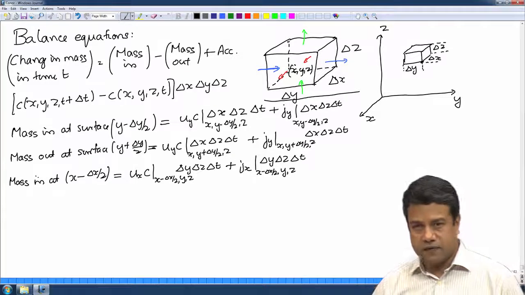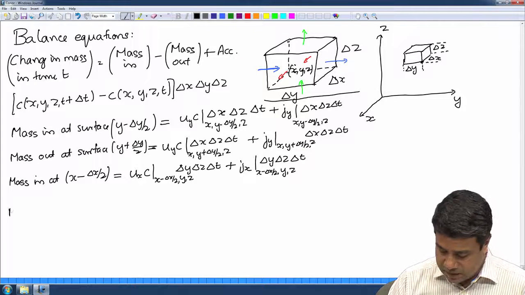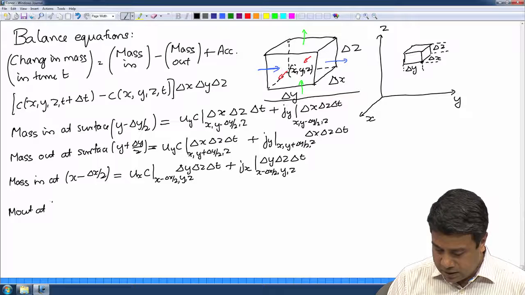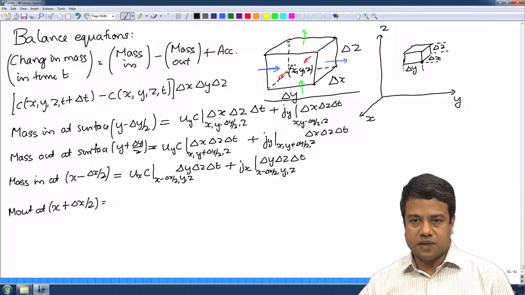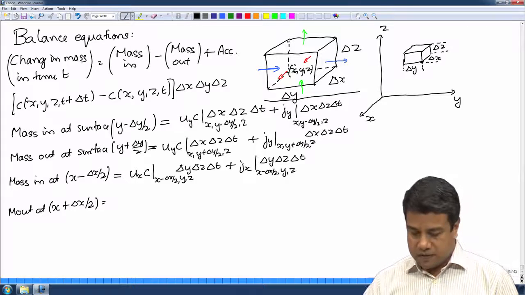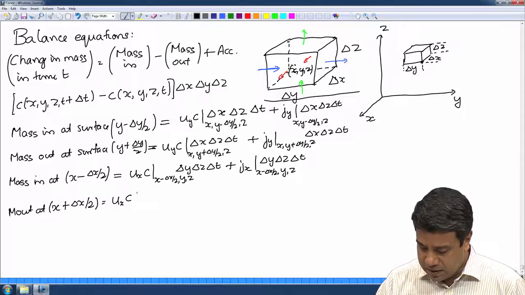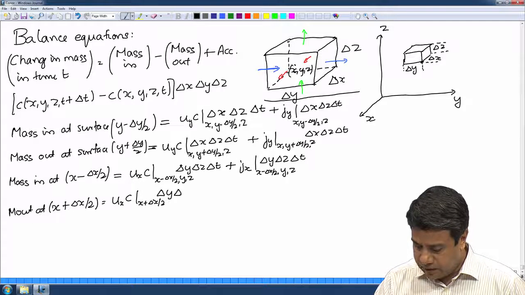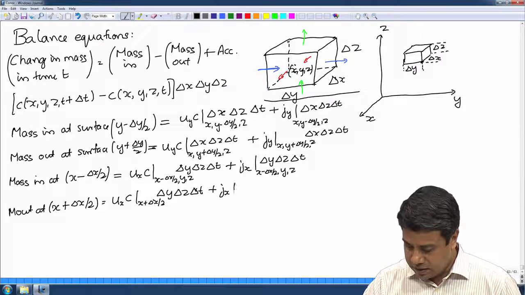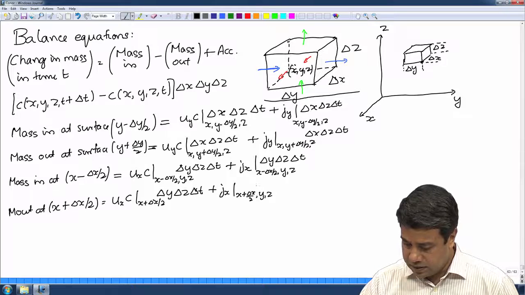The flux leaving at the front face, at x plus delta x by 2, will just be equal to the same. In this case, if u_x is positive, the mass is leaving the volume. Therefore, the flux is equal to plus u_x times c at x plus delta x by 2, times delta y, delta z, delta t, plus j_x at x plus delta x by 2, y, z, times delta y, delta z, delta t.